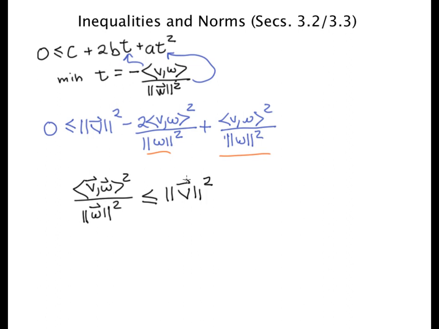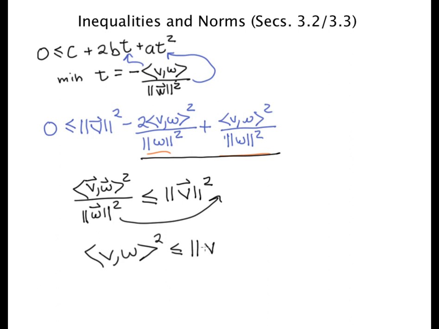I'll put the arrows back. So, okay, so that's just combining these two terms and bringing them to the other side. And that's it. You just bring this up to the other side to get the inequality: VW squared is less than or equal to V squared W squared.